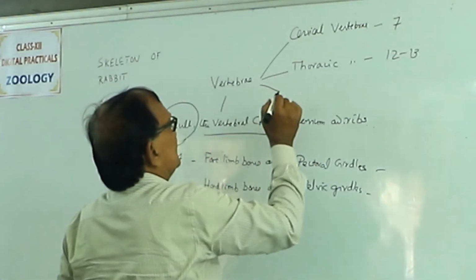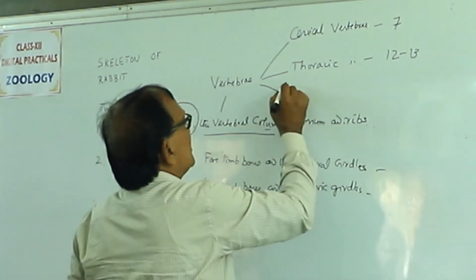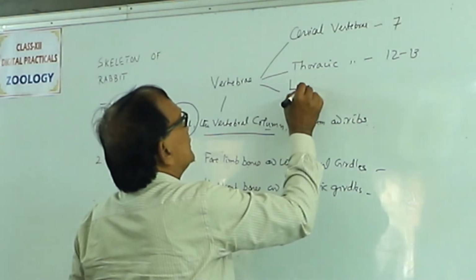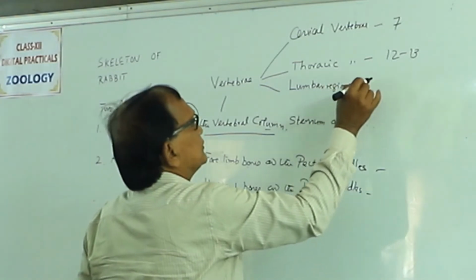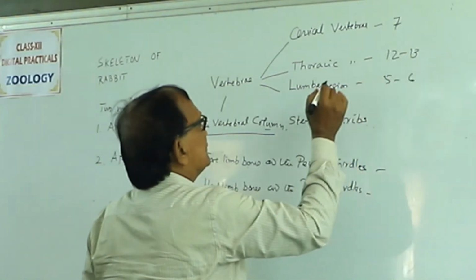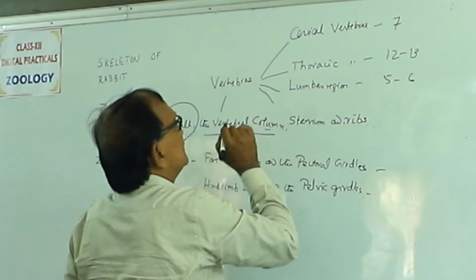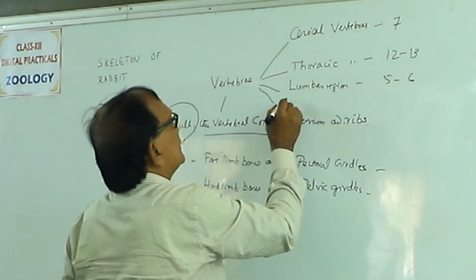Then we have the lumbar region, comprising 5 to 6 lumbar vertebrae.